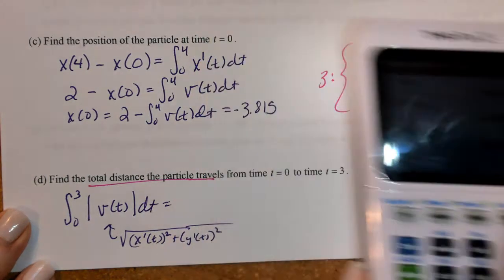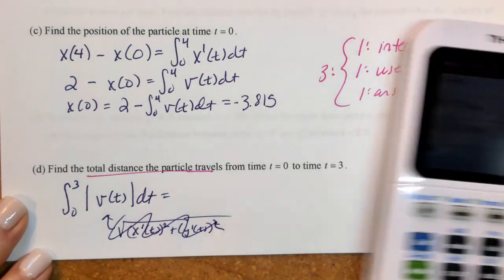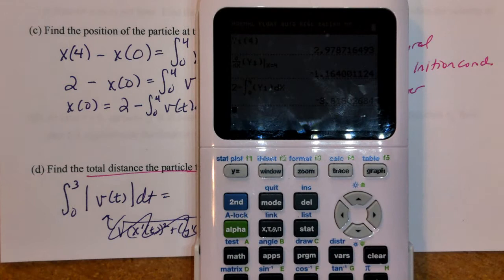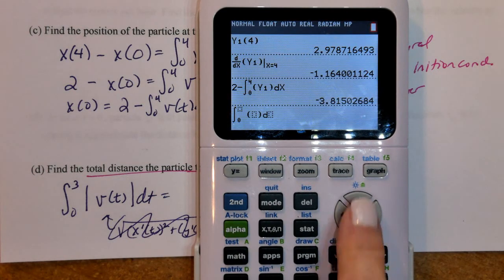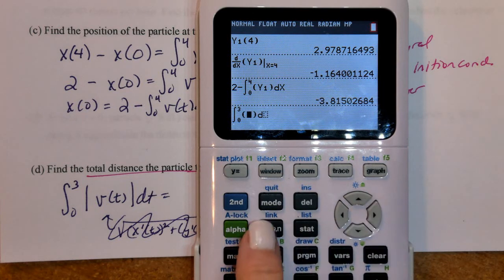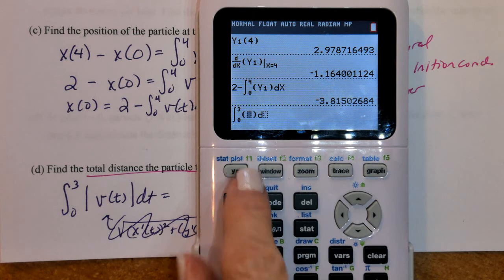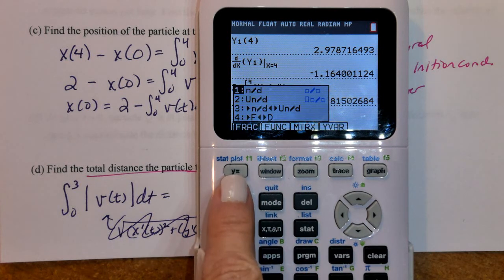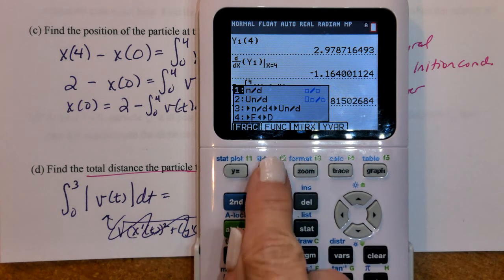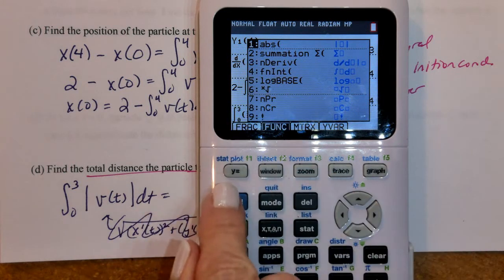Of course, you wouldn't put this on if this was the AB FRQ. So Math 9, 0 to 3, absolute value. What's a good way to get absolute value? I think it's in F1. We don't use it just a whole lot, but I think it's right there. Okay, it's not there. I'm going to try F2. There it is. It's in F2.